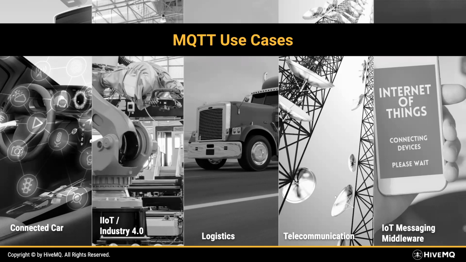Then other use cases are typically IoT or Industry 4.0. That's especially here in Germany a big thing. Then logistics, telecommunication, IoT messaging, middleware. So you can see MQTT is kind of everywhere where you want to connect millions of devices at scale in a reliable manner.